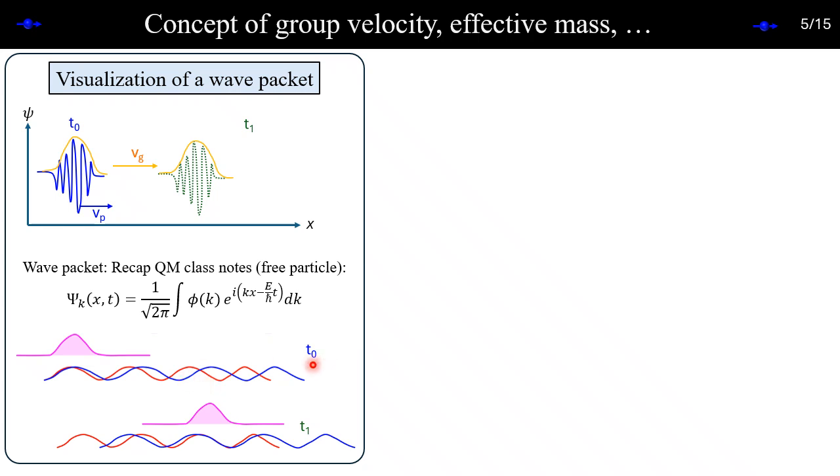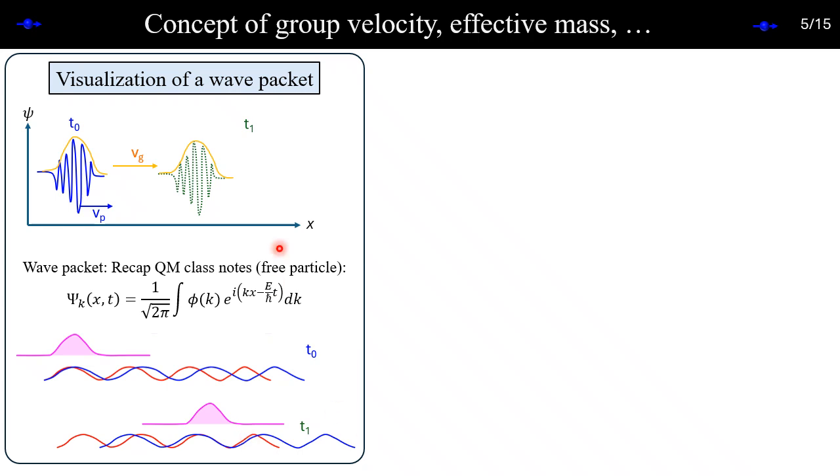If this is happening at t equals 0, as time evolves, these waves move differently because they have a slightly different phase factor. Then you will see the wave packet forming somewhere else, meaning the particle has moved. We discussed this already.